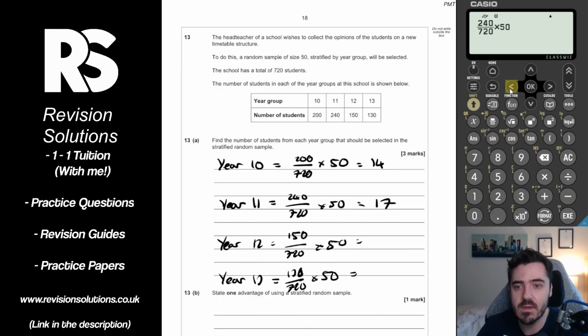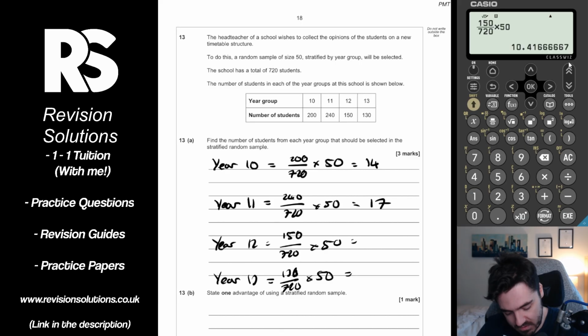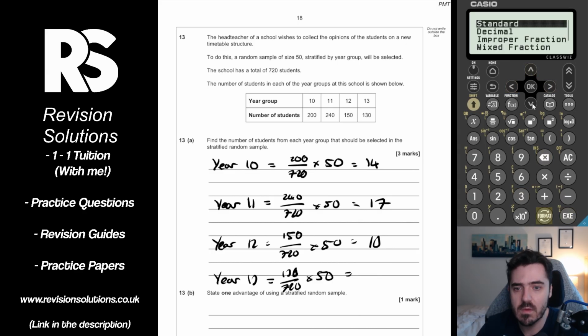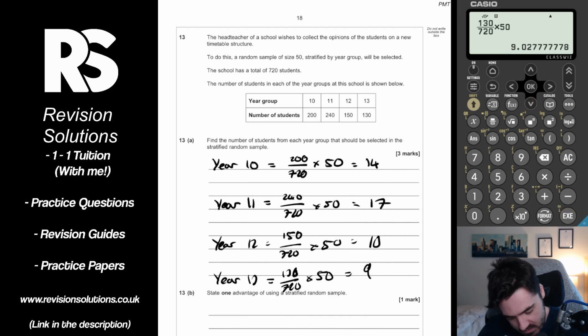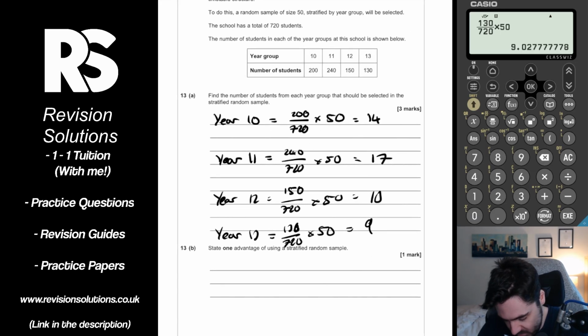Then we can go back and do 150. That's going to be 10.4. So this one's rounding down. That's 10. And then the last one is 130. So that's 9. And then we can see those do actually add up to 50. So that makes sense.